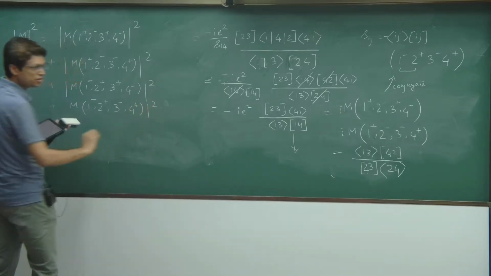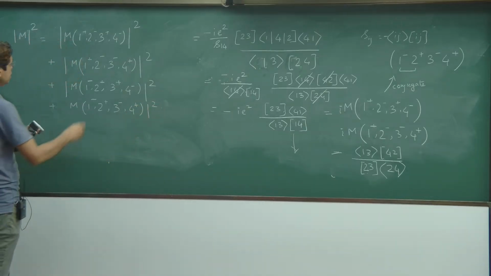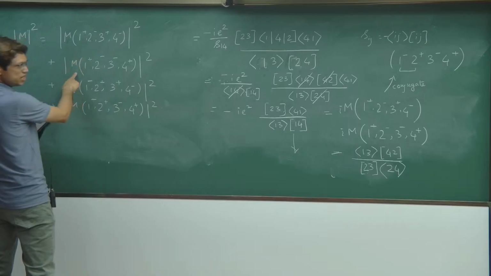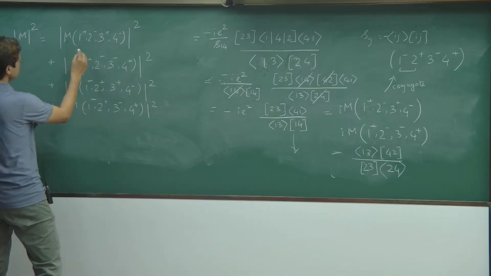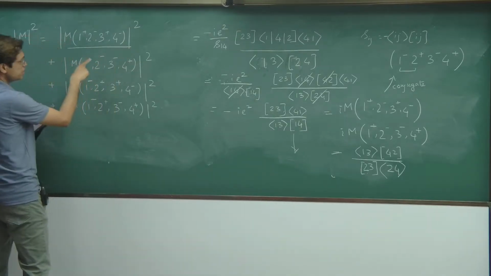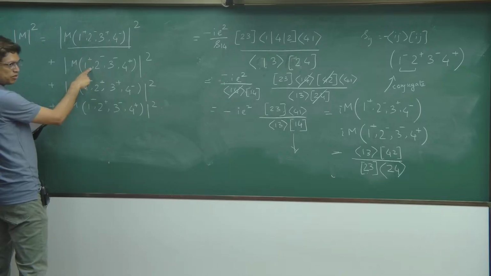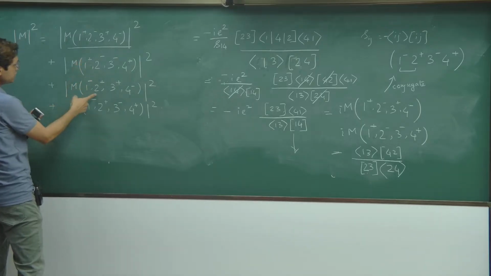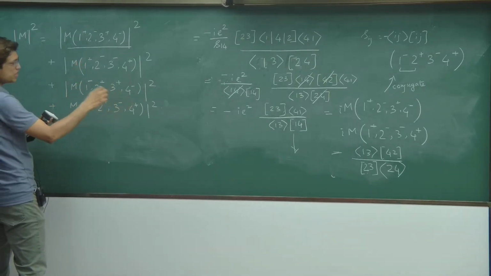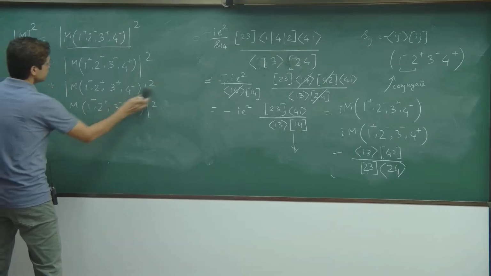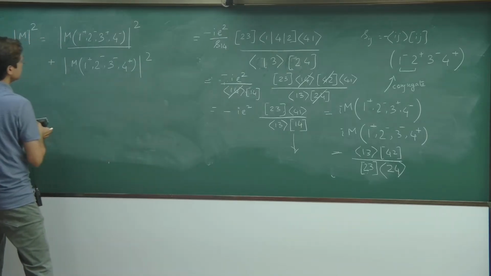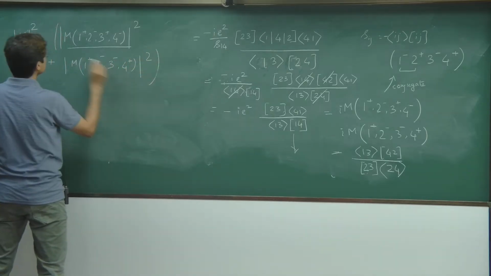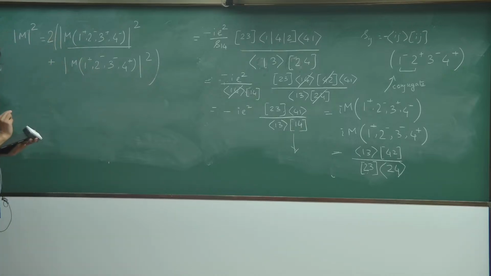So these are the only non-zero terms, right? Now I have calculated these two. Okay, I have calculated only this one. This is what we can get from here, and these are just the complex conjugate of each other. So I can basically write it as these two terms multiplied by 2, right?